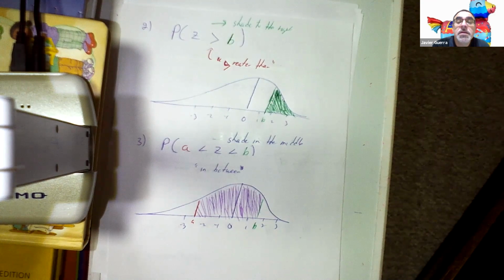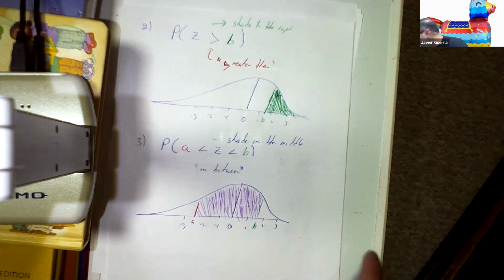I'll send it to you again. There you go. Sent. So look in your chat. Just open it up or you could print it. It doesn't matter. But just have it ready. I'm going to explain to you how we're going to find those shaded regions.